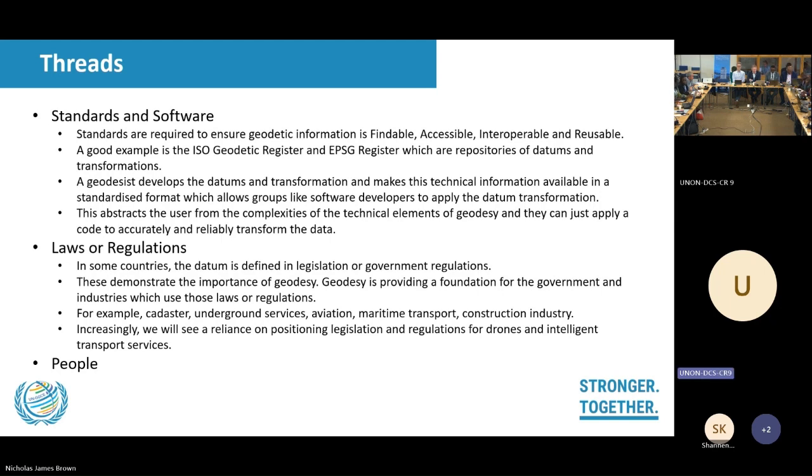And a good example of this is the ISO Geodetic Register, where you can store information about your datums and your transformation parameters in an authoritative way. So the ISO Geodetic Register only records the information that comes from the member states that says this is the authoritative way to recognize position in our country. There's also great products out there like the EPSG register. Many of you who use GIS software would probably know that.